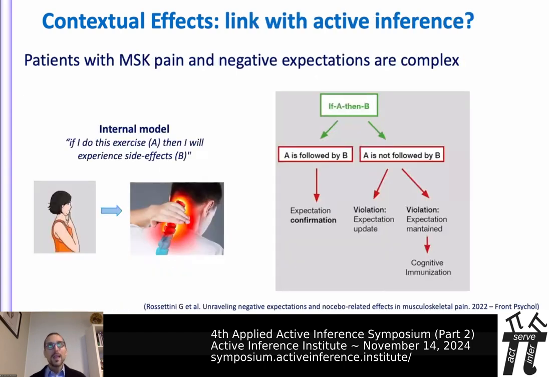Having reached this point, I think that we need to understand how contextual effects can be related to the theme of this conference, active inference. And to understand this, we need to start with a clinical example.